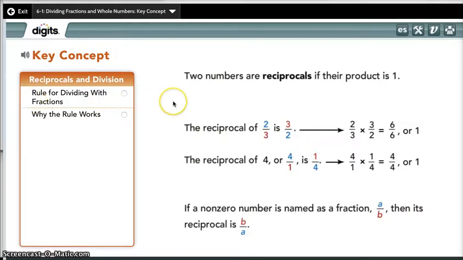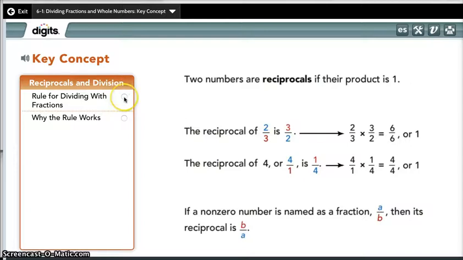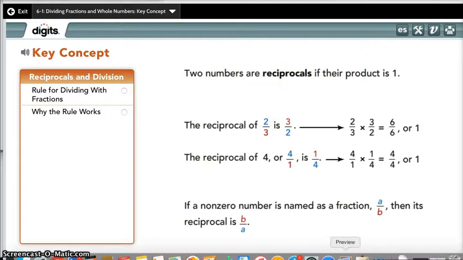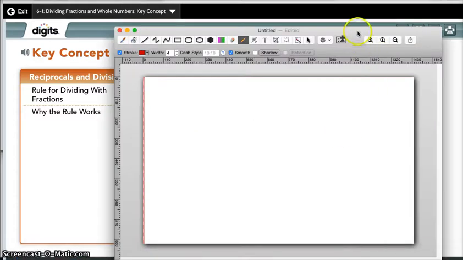So we're going to be dividing fractions, and we're going to start with our rule for dividing with fractions right here. First, let's talk briefly about what a reciprocal is. This word right here is a reciprocal. You will need to know what a reciprocal is for the rest of your time in math.